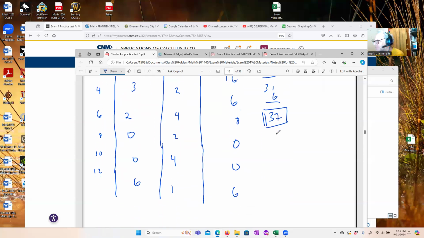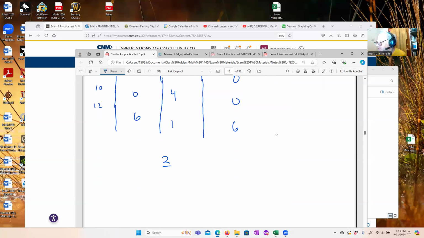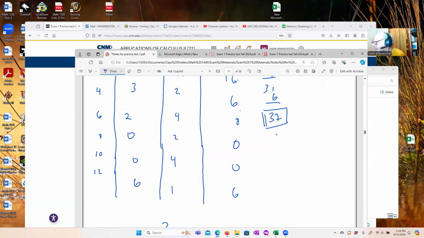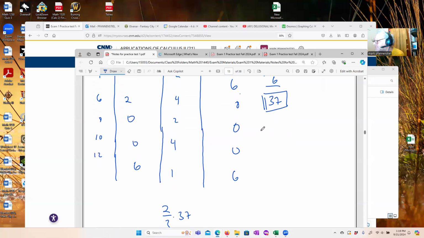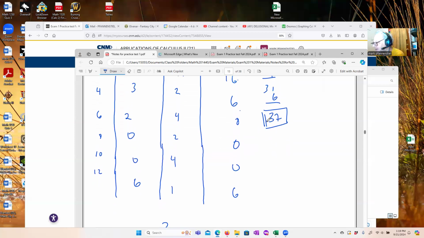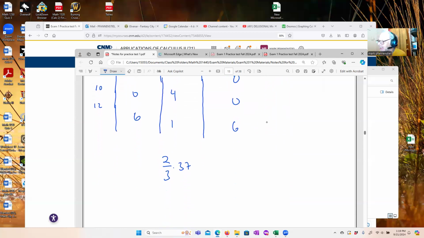The last thing we have to do is multiply the whole thing, 2/3 times 37. I apologize that this didn't get to be a nicer number. Twice of this is 74 over 3. That doesn't really do anything very nice, so we can just say 74 over 3.